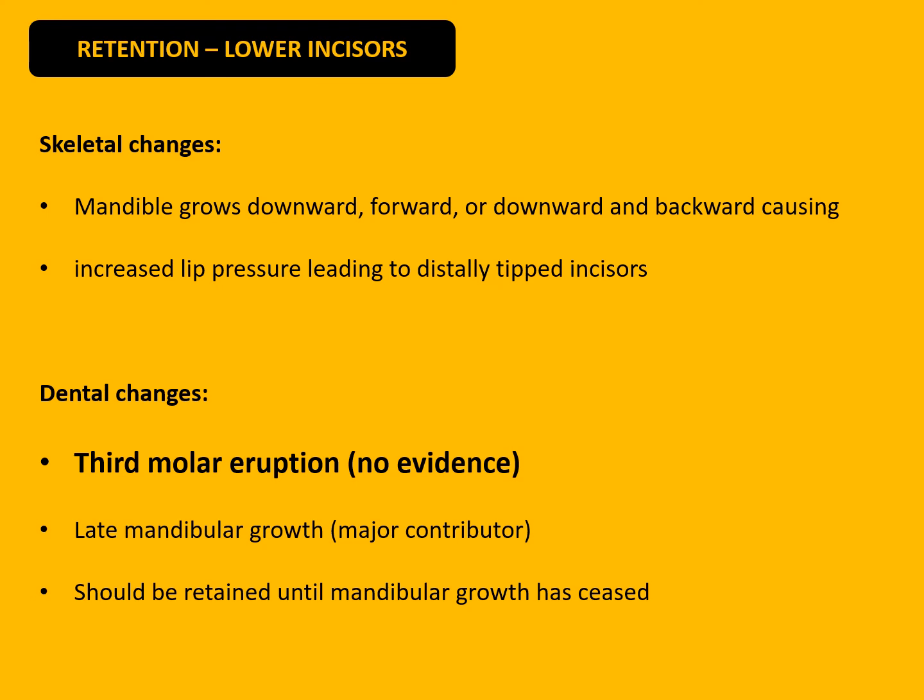And also the dental changes: any late mandibular growth, which is a major contributor to relapse, has to be checked for, and it should be retained until mandibular growth has ceased. Currently there's no evidence to suggest that third molar eruption can lead to lower arch crowding.